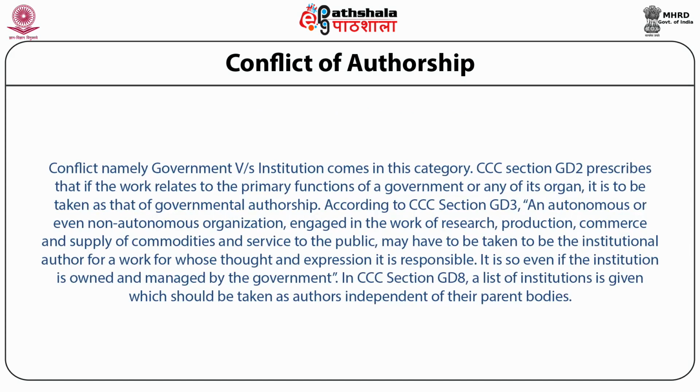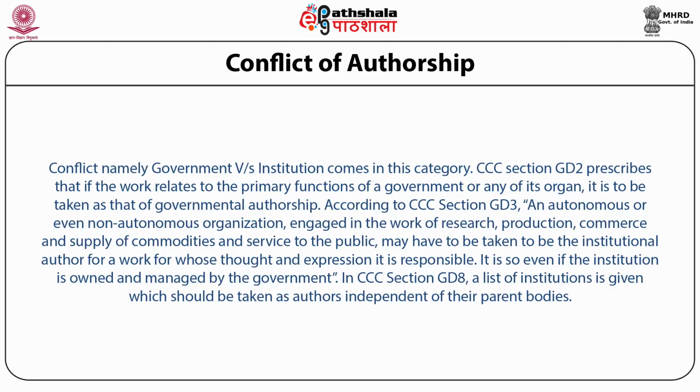CCC section GD2 prescribes that if the work relates to the primary function of a government or any of its organs, it is to be taken as that of government authorship. According to CCC section GD3, an autonomous or even non-autonomous organization engaged in the work of research, production, commerce, and supply of commodities and service to the public may have to be taken to be the institutional author for a work for whose thought and expression it is responsible.